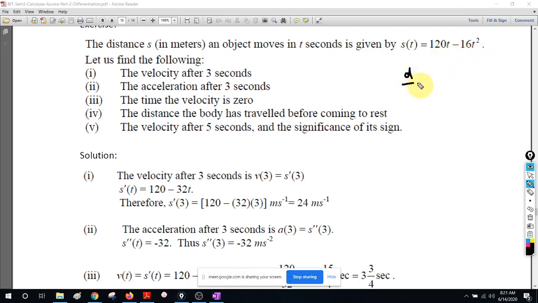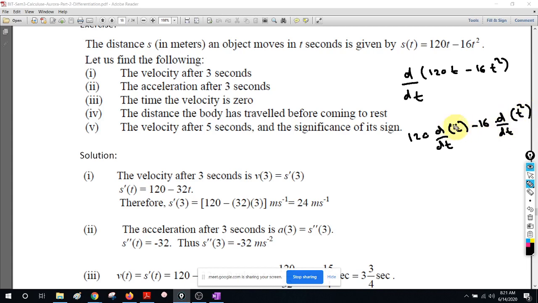So what we want to do is differentiate with respect to t, 120t minus 16t squared. I can do these two as separate things, using the subtraction rule, and also I can take the constant out. Then 120 d/dt of t minus 16 d/dt of t squared. We know that d/dx of x is 1, so d/dt of t is 1.